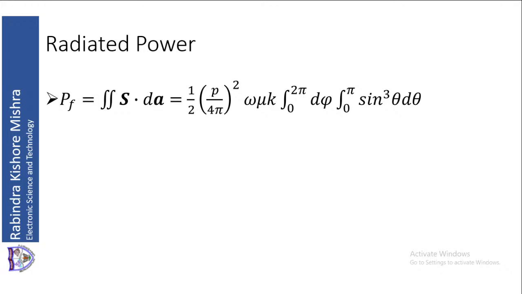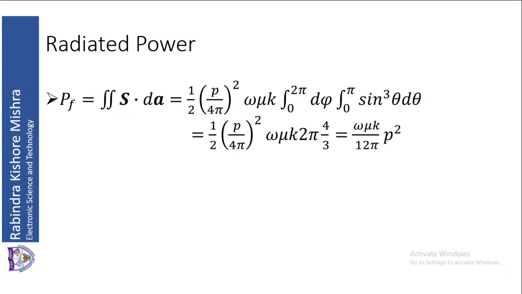Integrating this gives a simple expression: 1 by 2 times (P by 4 pi) squared times omega mu k, which remain as they are. The 0 to 2 pi integration gives us 2 pi and the 0 to pi integration gives us 4 by 3. Putting that in, P_F is equal to omega mu k by 12 pi into P squared.